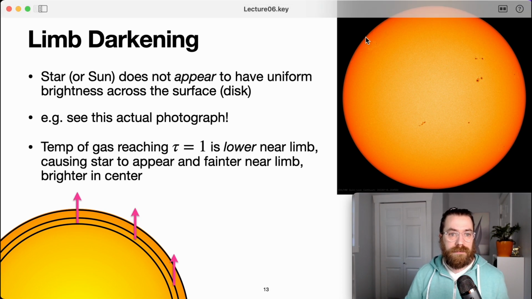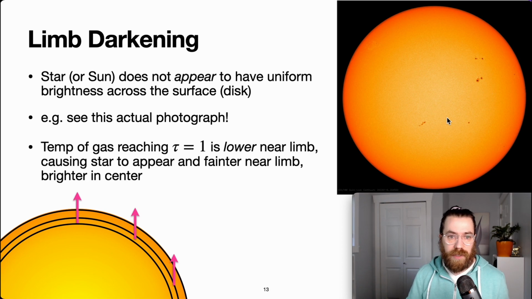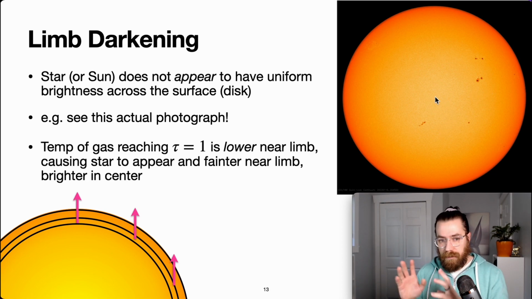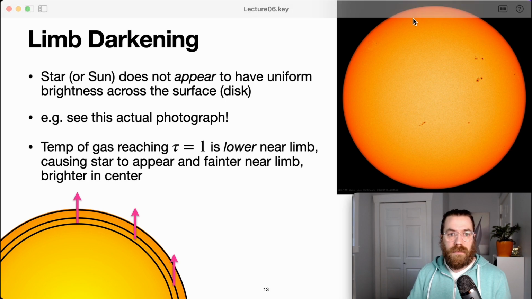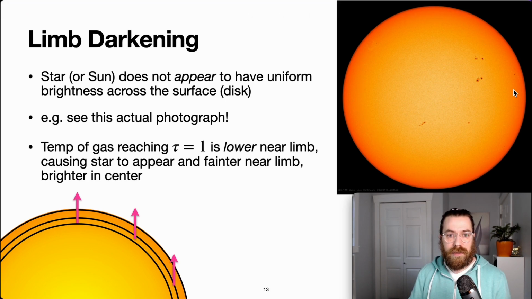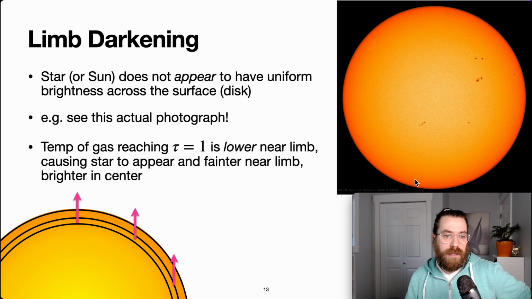You look at the sun. This is an actual picture of the sun from the Solar Dynamics Observatory. This is not modified in any way. And you see that near the limb, which means the outside edge, the outer reaches of the sun, it is darker. And in the middle, it is brighter.